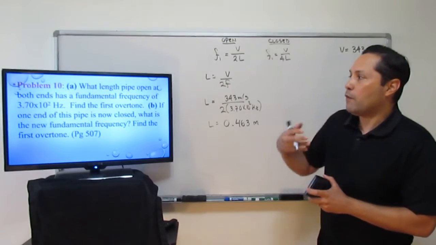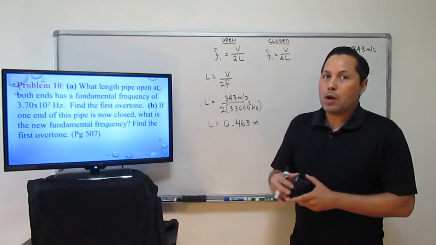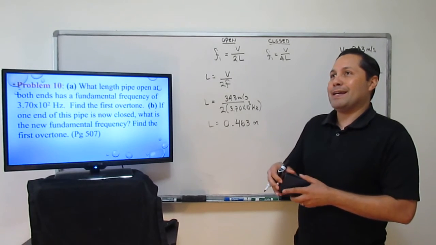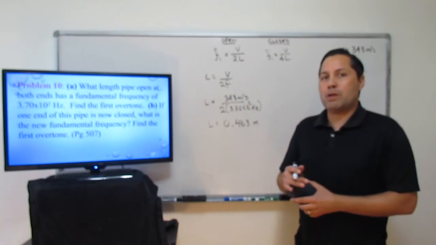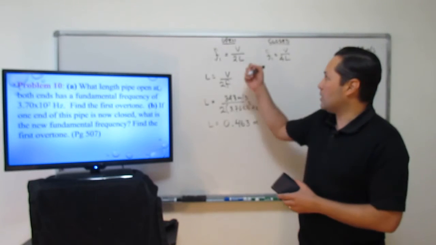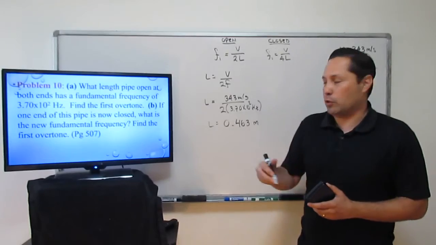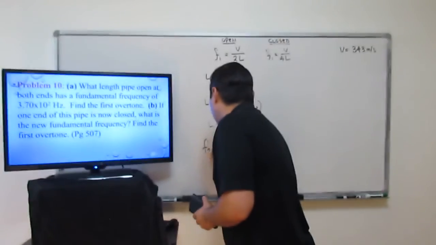Now it's saying find the first overtone. Alright, so our first overtone, what is an overtone? It is the tone above the fundamental frequency. So in this case, because it's an open pipe, it'll be F2. So that's what we're looking for, F2.